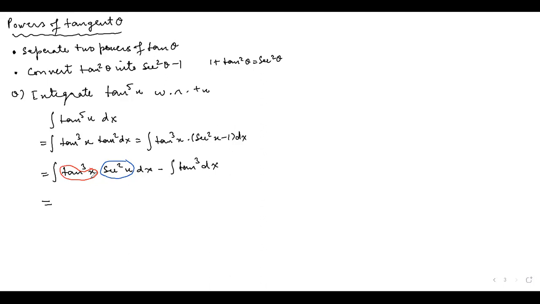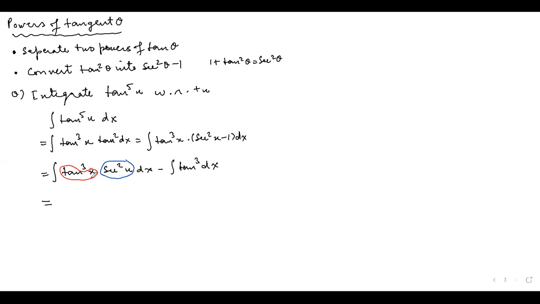In this case, the complete derivative is along with the function tan of x, and its derivative is secant square x. There is no shortage of any constant here. We can compensate the constant with the help of multiplication and division.